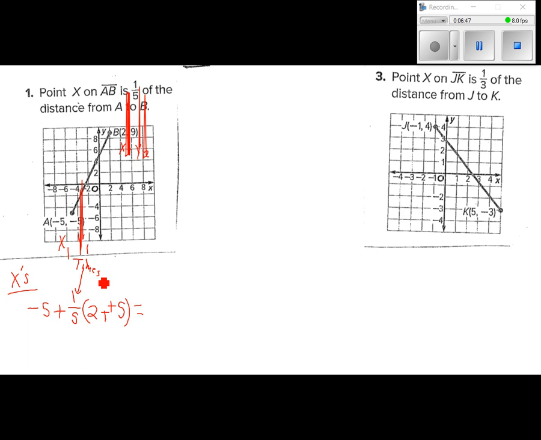Anybody agree with that? Yes. If you're not getting that on your calculator, please let me know so that we can figure out how to tell you to punch it in.